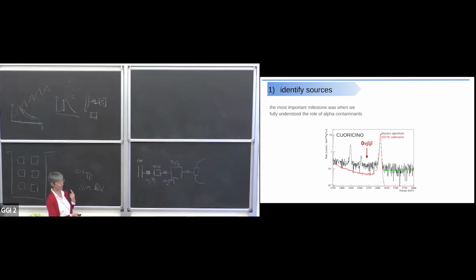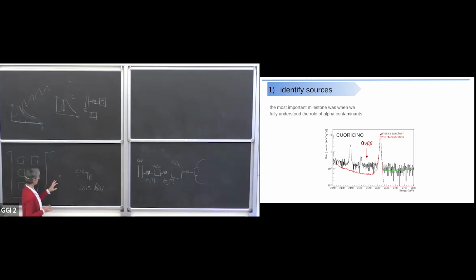If you have sources that behave, a thallium source that behaves as this calibration, I have a background coming from this line that populates also the double beta decay region. So this red spectrum, of course, depends, but not critically, on the position of this source.